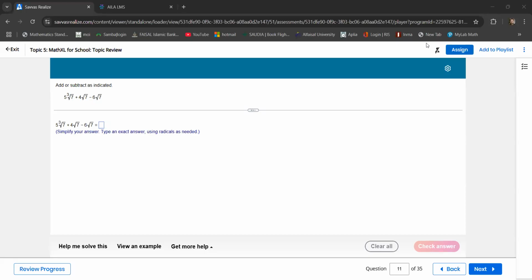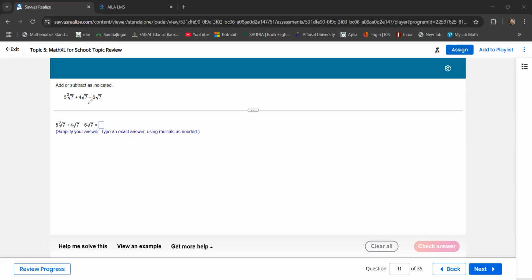So another question: add or subtract as indicated. 5 cubic root of 7 plus 4 square root of 7 minus 6 square root of 7. This is a very easy question because we have to gather like radicals together.